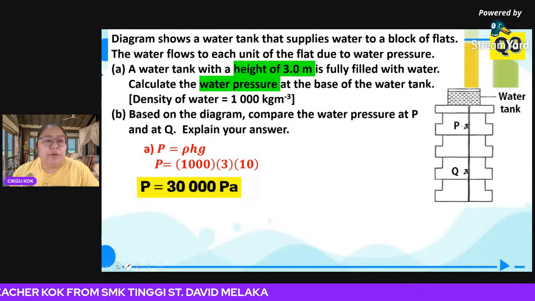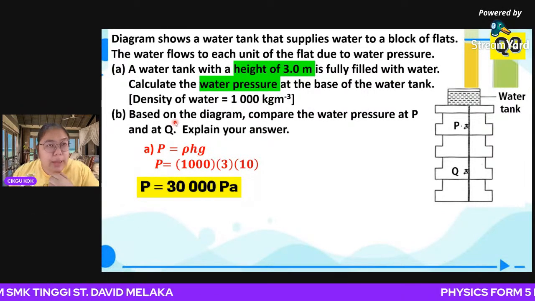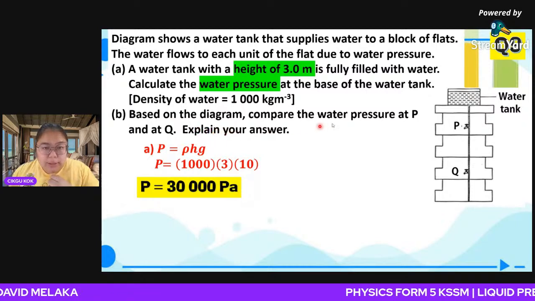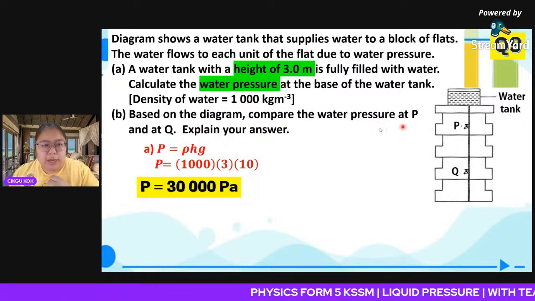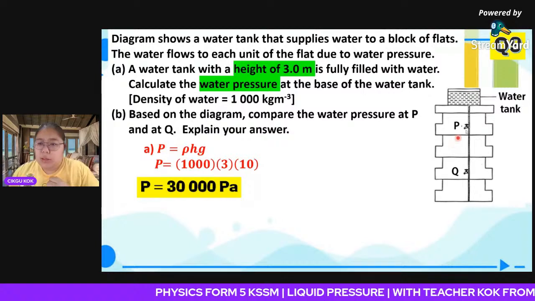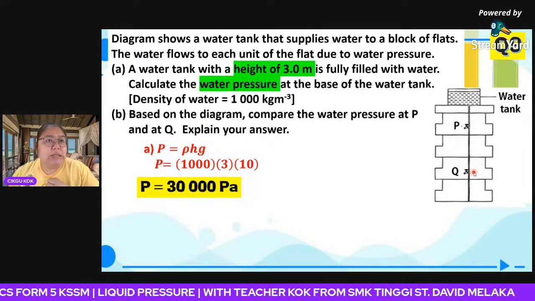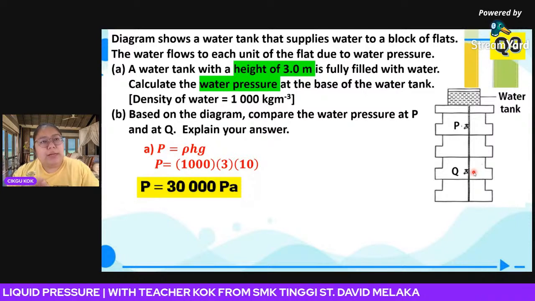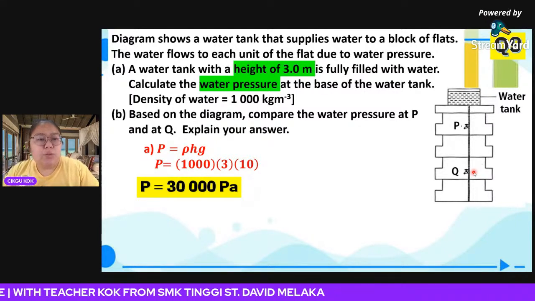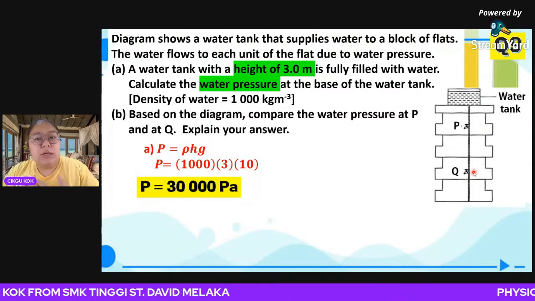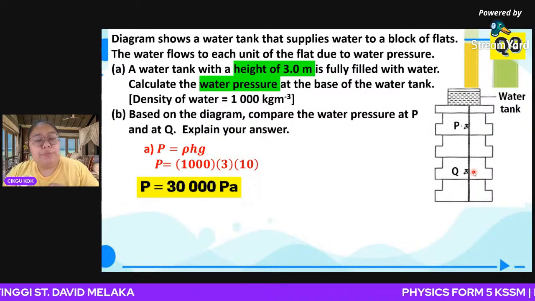Okay, so we continue to part B. Based on the diagram, can you compare the water pressure at P and Q? Which one should have higher pressure? P and Q, which one produces a bigger water pressure?